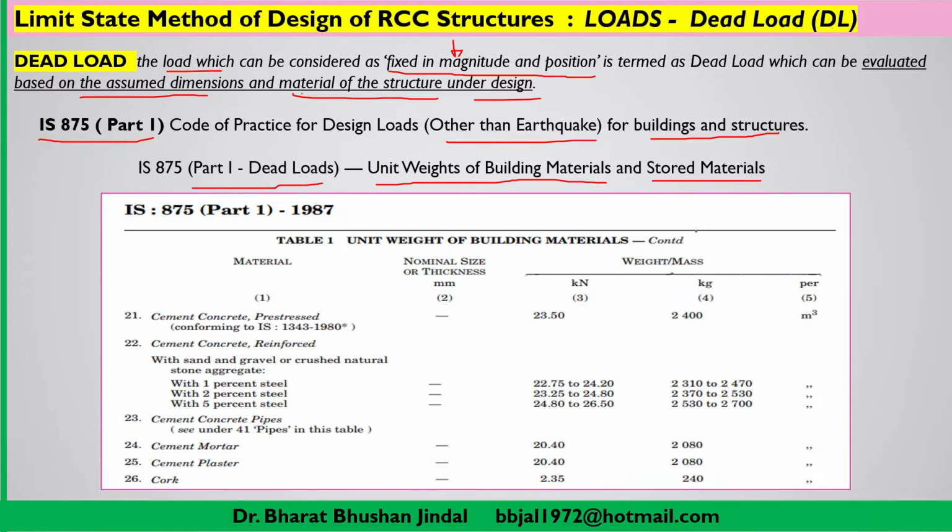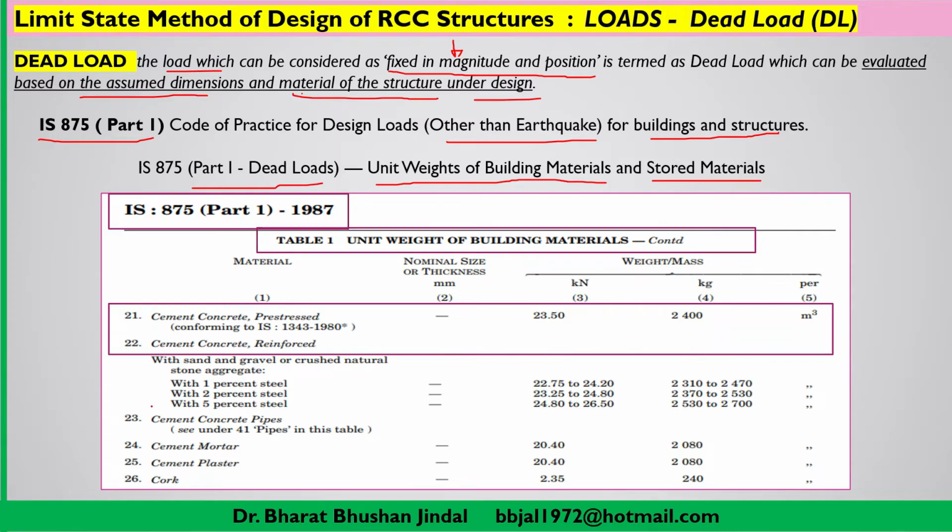Now this is just a snapshot from IS 875 part 1, just to illustrate how we can get the information from the IS code. This is the 1987 version, for illustration purposes. You can go through table number 1, which gives the information regarding unit weight of building materials. If your building material is cement concrete, it may be pre-stressed or reinforced.